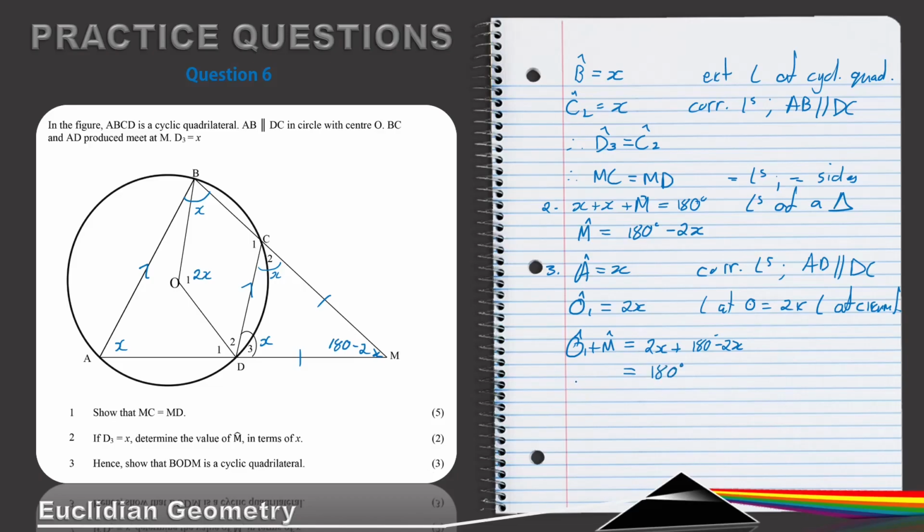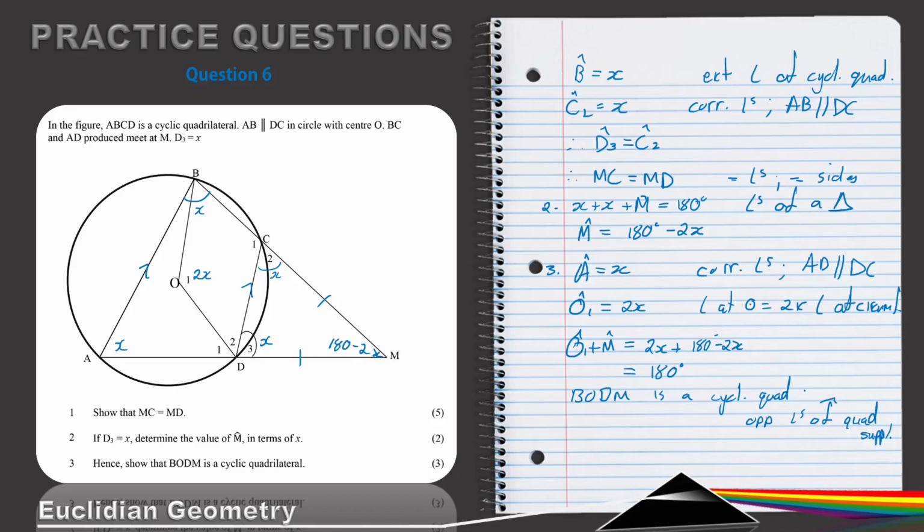So therefore I can say that the quadrilateral BODM is a cyclic quadrilateral. And my reason is going to be the opposite angles of the quad are supplementary. So actually that should come next here, but opposite angles of quad are supplementary. Okay, so that actually comes in there.